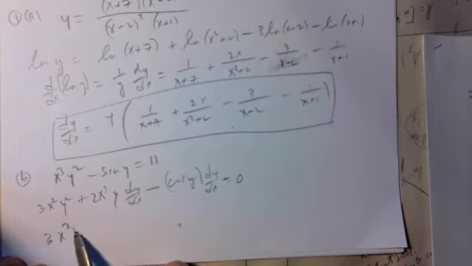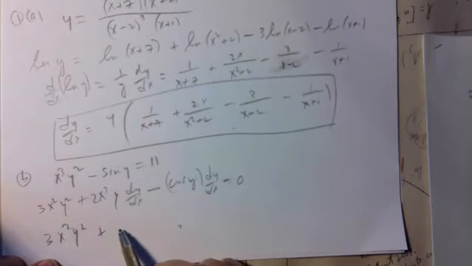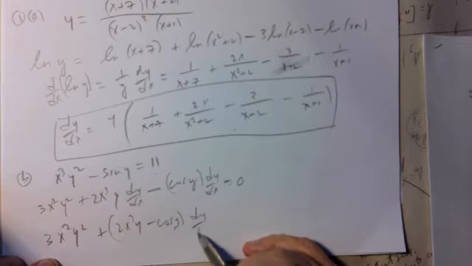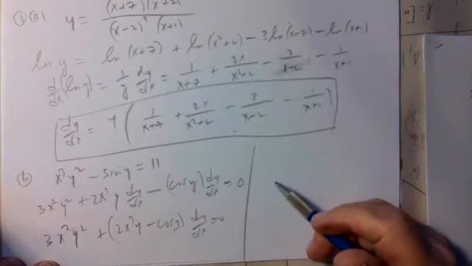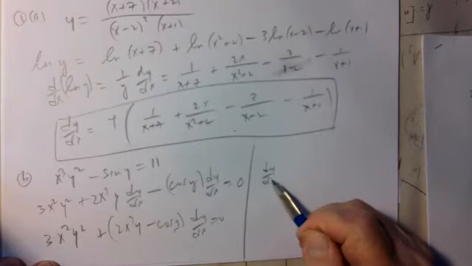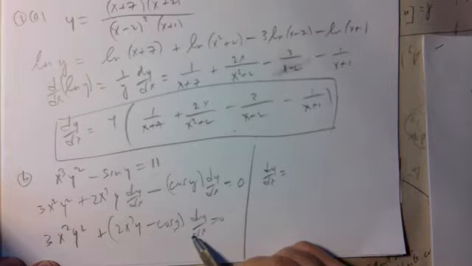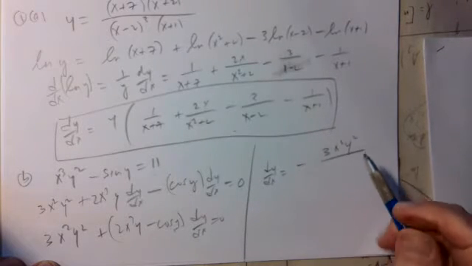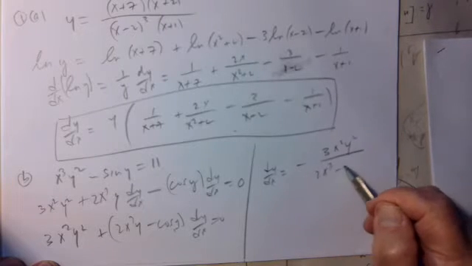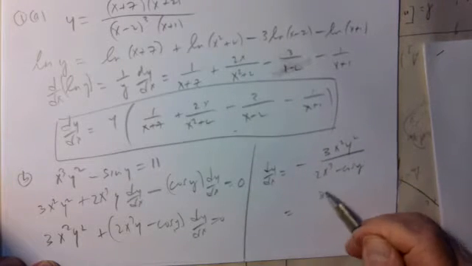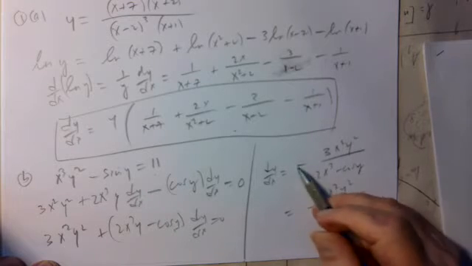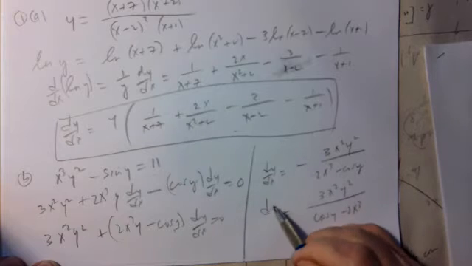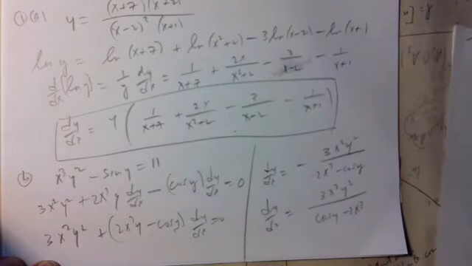So that's 3x squared y squared plus 2x cubed y dy/dx minus cosine y dy/dx equals 0. So when you solve for dy/dx, you get minus 3x squared y squared over 2x cubed y minus cosine y, or you can write this as 3x squared y squared over cosine y minus 2x cubed y.